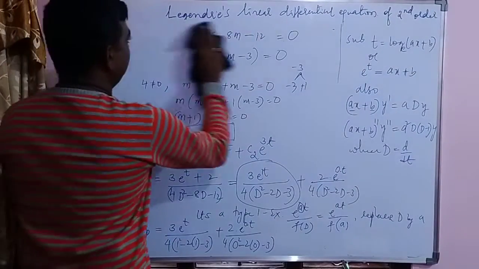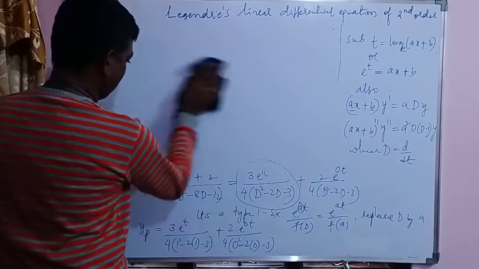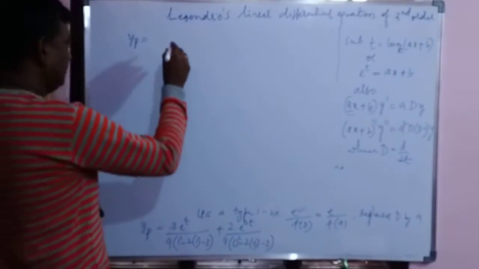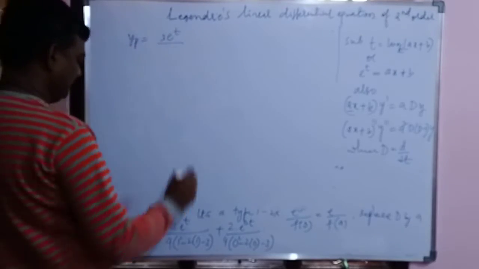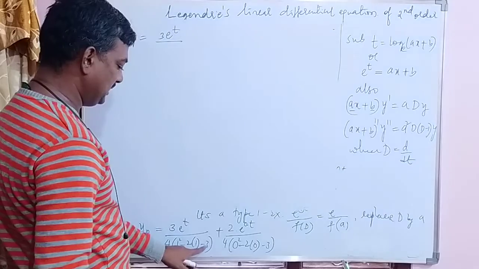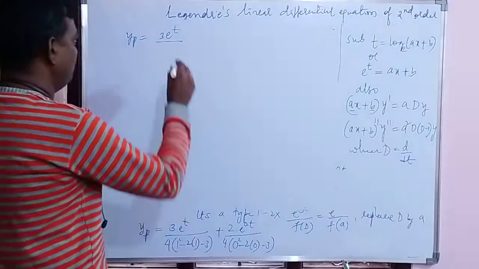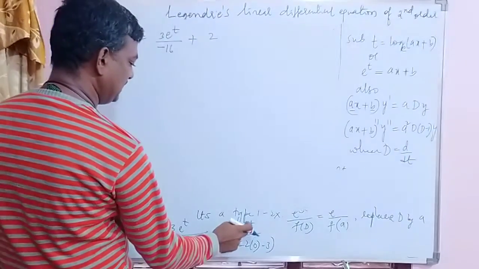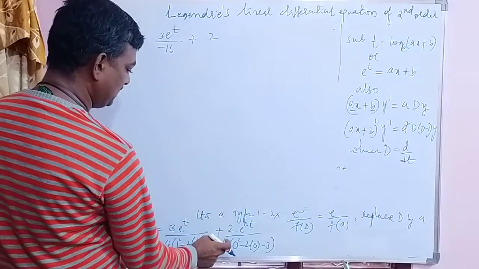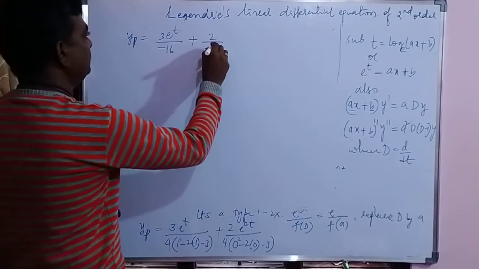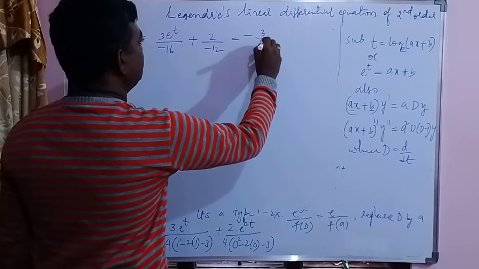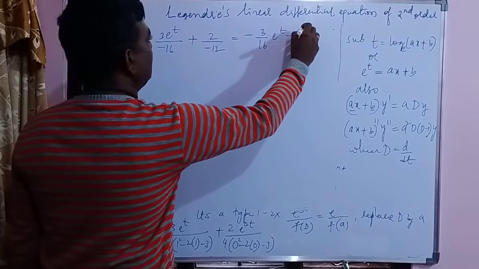So now it will become yp is equal to 3 e raised to t divided by 4 into 1 minus 2 minus 3 is minus 4. Minus 4 into 4 is minus 16, plus 2, this is e raised to 0 into t is 1, you can write it as 1, 4 into minus 3 is minus 12. Or this is the same as minus 3 by 16 e raised to t minus 1 by 6.